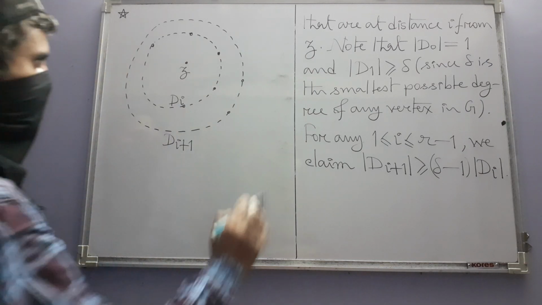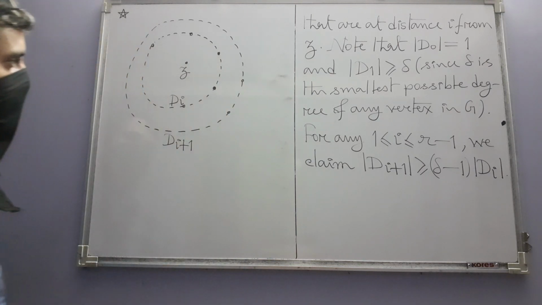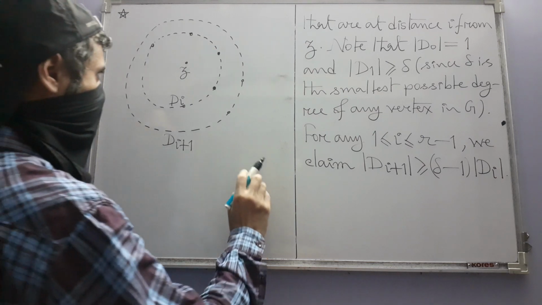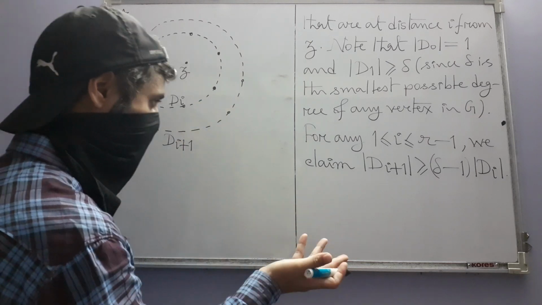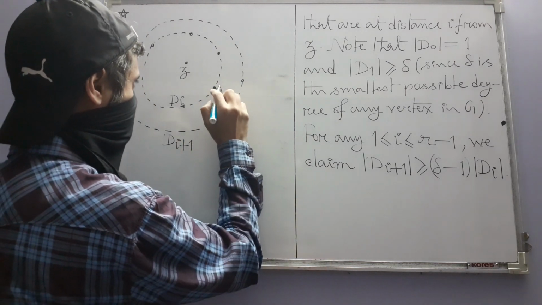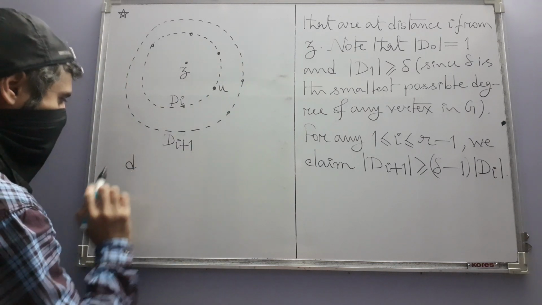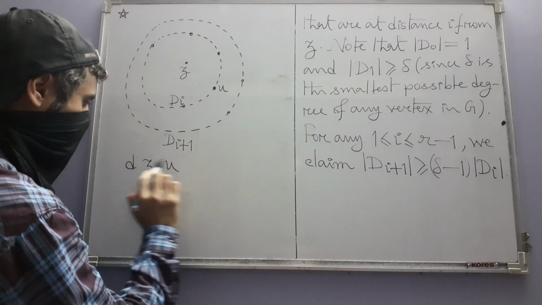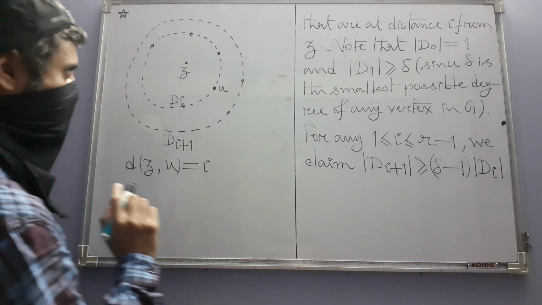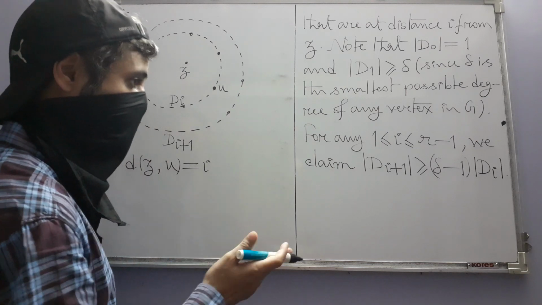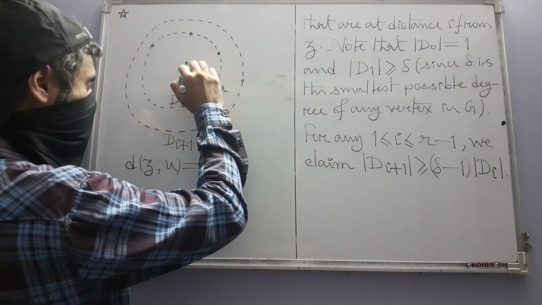Now you concentrate on a vertex at the ith level. Say this is a vertex. Obviously, the distance from Z to this vertex is equal to I. If we name this vertex U, the distance from Z to U is equal to I, and that distance is of course the length of some shortest path from Z to U by definition of distance.